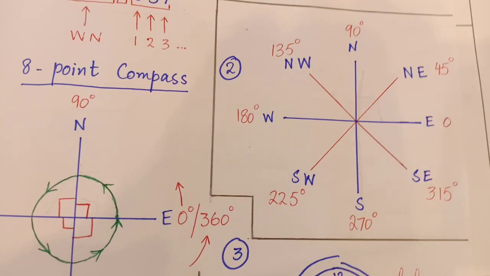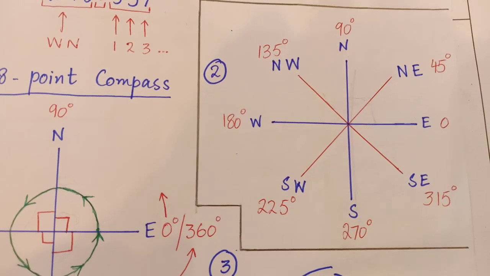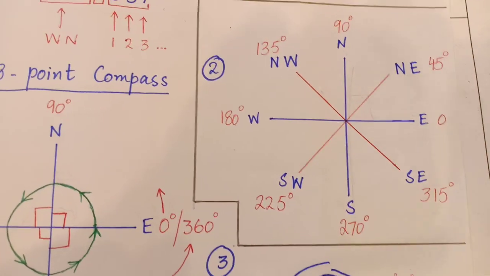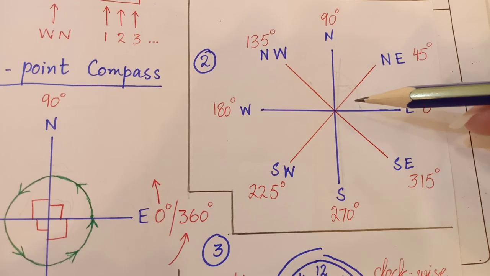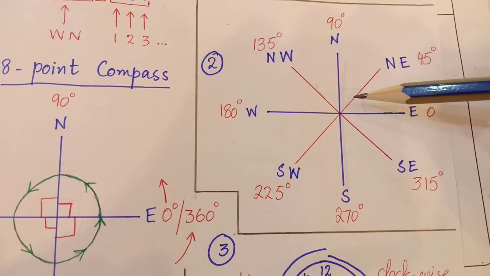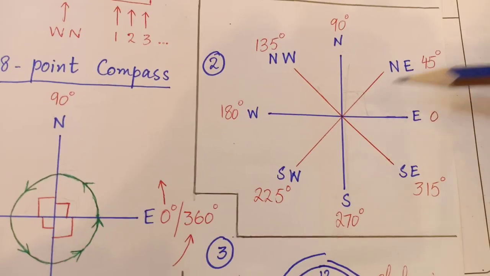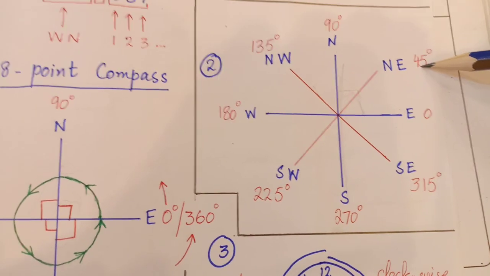There was a blank in the mental math worksheet in your previous work in old classrooms, where they asked you about the angle between two directions in an 8-point compass. There are 8 directions in an 8-point compass, so the angle between 2 of them is 45 degrees.